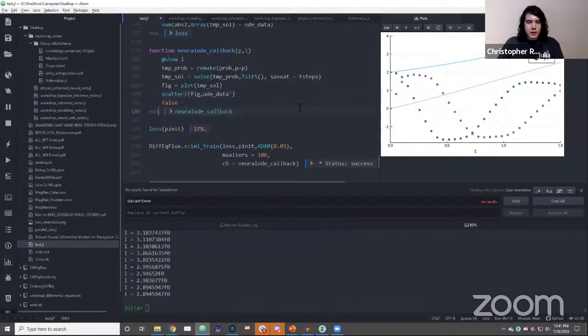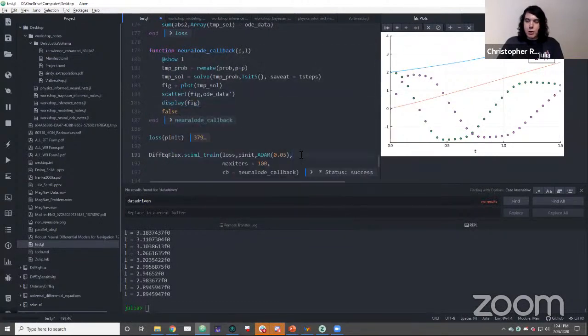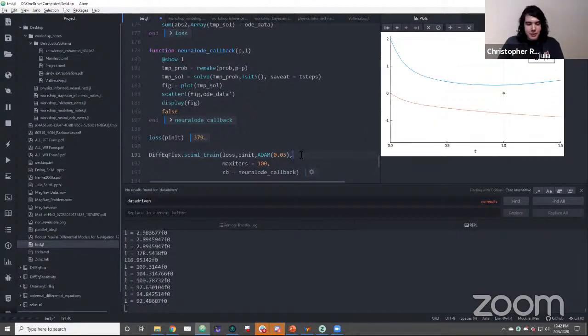And so this should create an animation of the fitting process. Oh, I forgot to display my figure. So hopefully doing all this live and off the cuff really helps you figure out how to read these error messages. That's kind of why I wanted to do it this way.